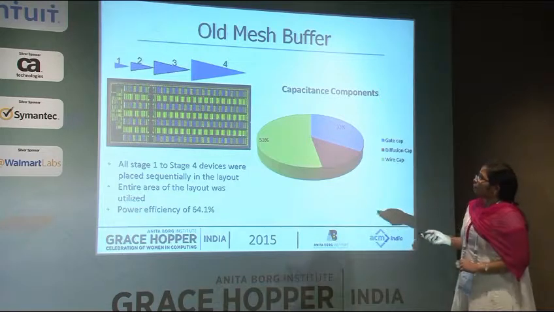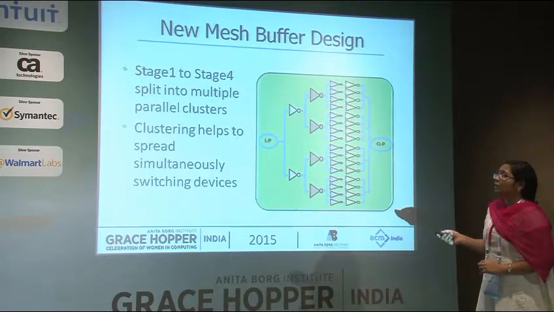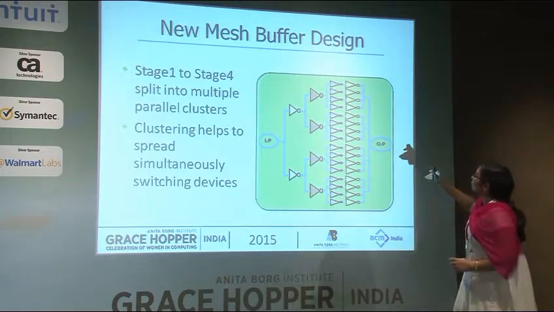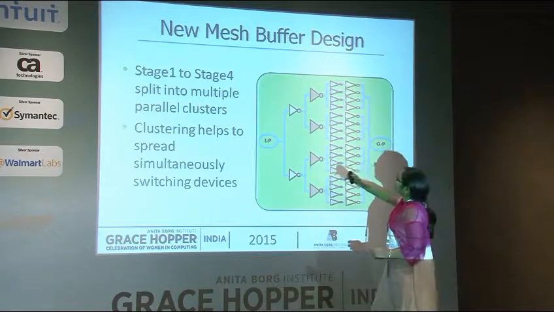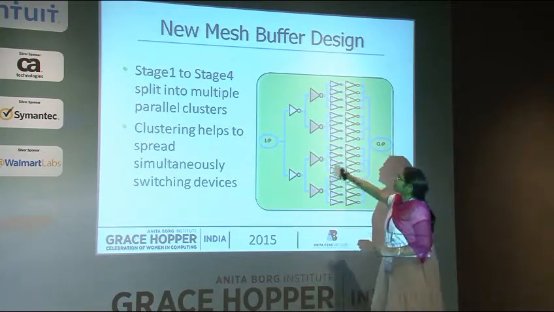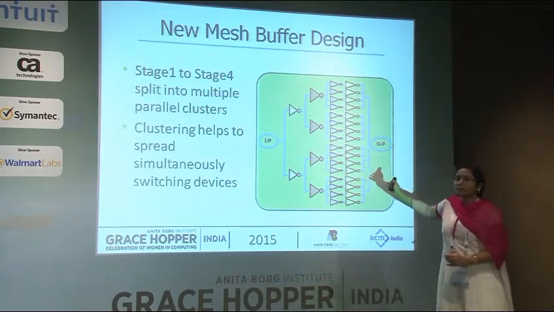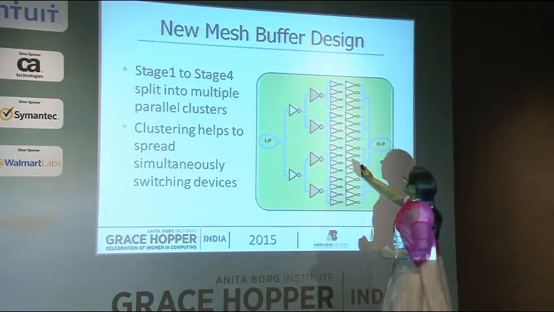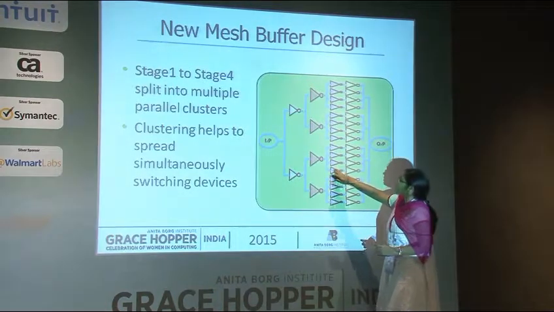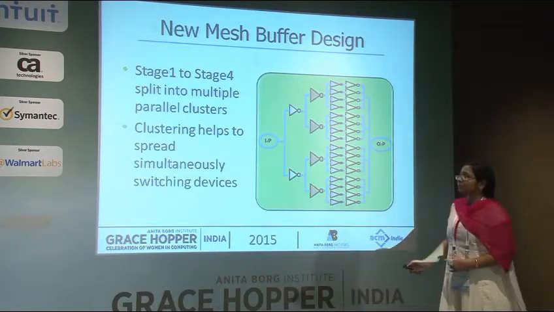To improve this, we have changed the mesh buffer, so the stages are split into multiple clusters. Stage 1 is split into 2, then into 4, then 16, and so on, because splitting also helps spread the simultaneously switching devices across the area.